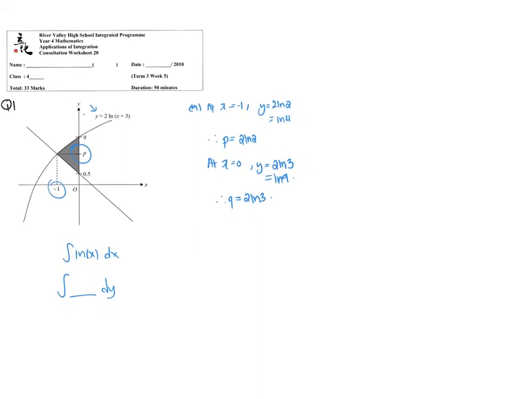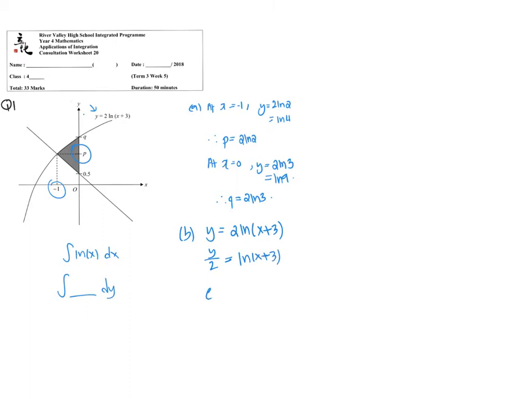Let's begin with our working. So we have our y to be equal to 2 ln bracket x plus 3. Bear in mind that we want to make x the subject now. So before that, we are going to divide by 2 on both sides, and then we're going to convert this into the e form.